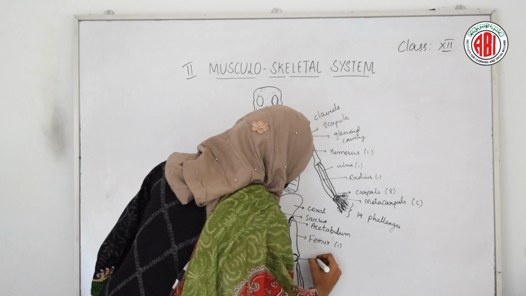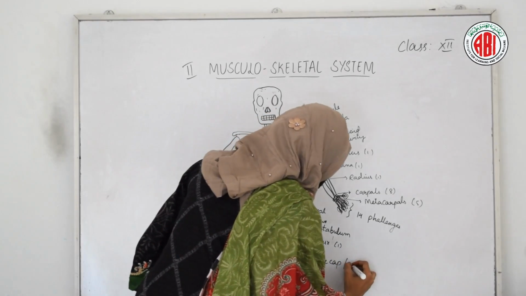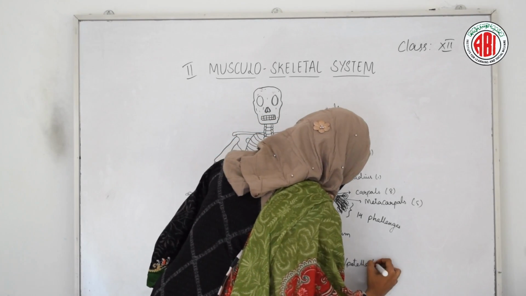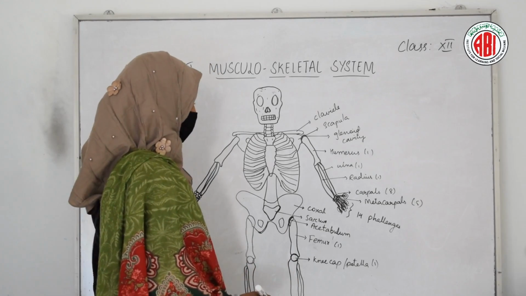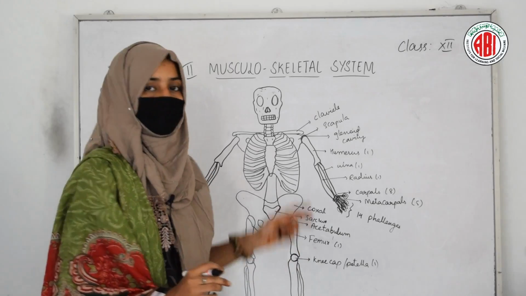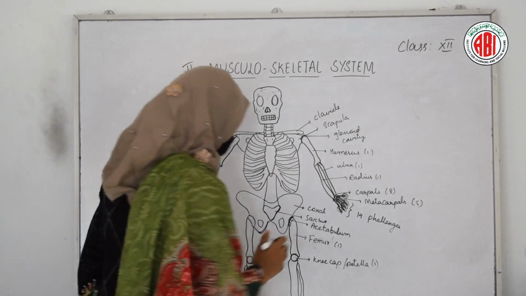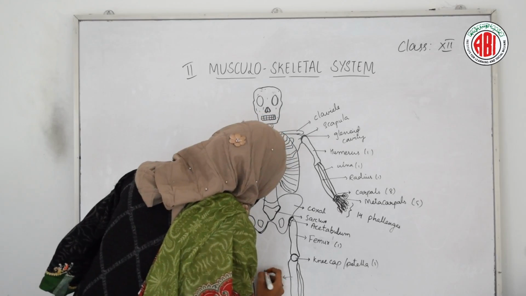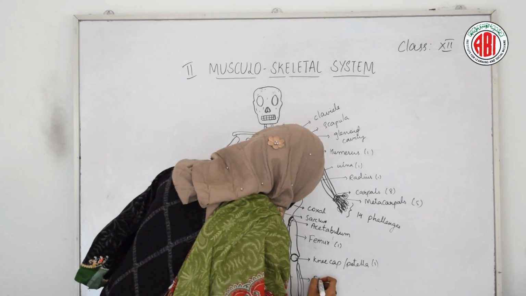We call this cap the kneecap or patella. This is also 1 in number. Besides this, 2 main bones are also found in our leg. Just as radius and ulna are present in our arm, likewise 2 main bones are found in our leg, one called tibia, the other called fibula.